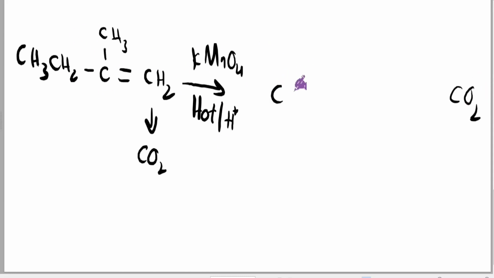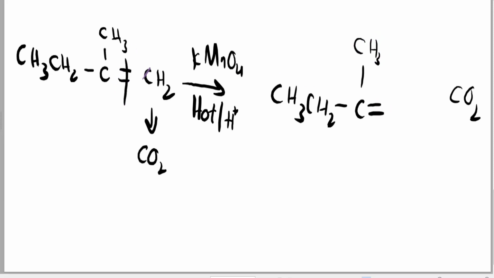The left side would simply be CH3, CH2 with a carbon that has a CH3, and this double bond would break and I'd get an O right here. Now, will this oxidize further to become a carboxylic acid? No, because this is a ketone. And ketones don't have an extra H on the carbon double bond O.